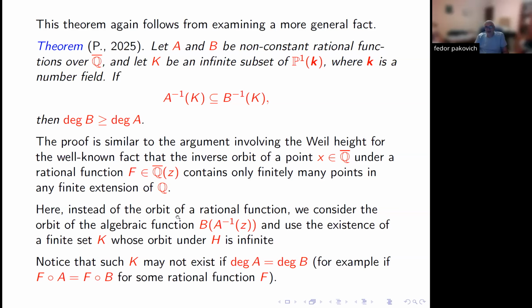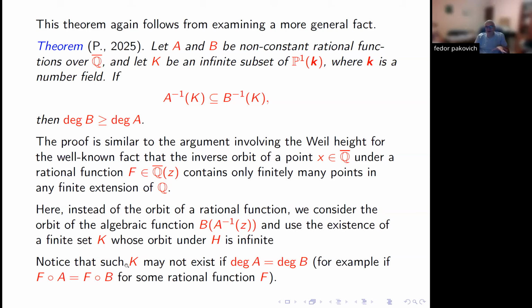But here, instead of the orbit of rational functions, one should consider the orbit of this algebraic function and use the existence of a finite set whose orbit under this H is infinite. So just let me mention that, yes, if the degree of A is equal to the degree of B, then such a set may not exist at all.